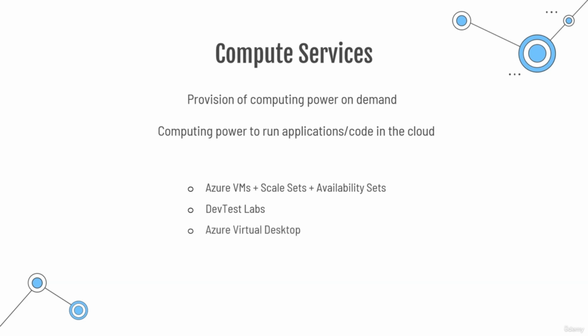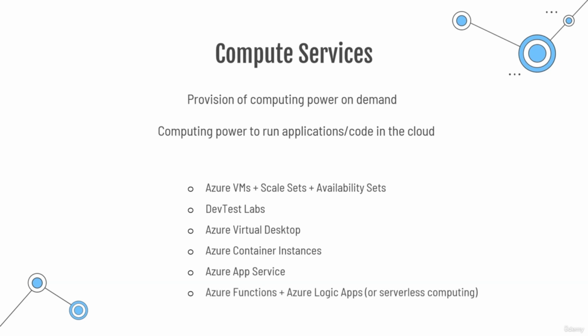Then we'll also talk about Azure Virtual Desktop. This is just a virtual desktop, so basically a remote desktop that we can also access through the cloud. And we'll also talk about container instances and app services. These are now platform as a service, and they are used to develop and deploy applications in the cloud.